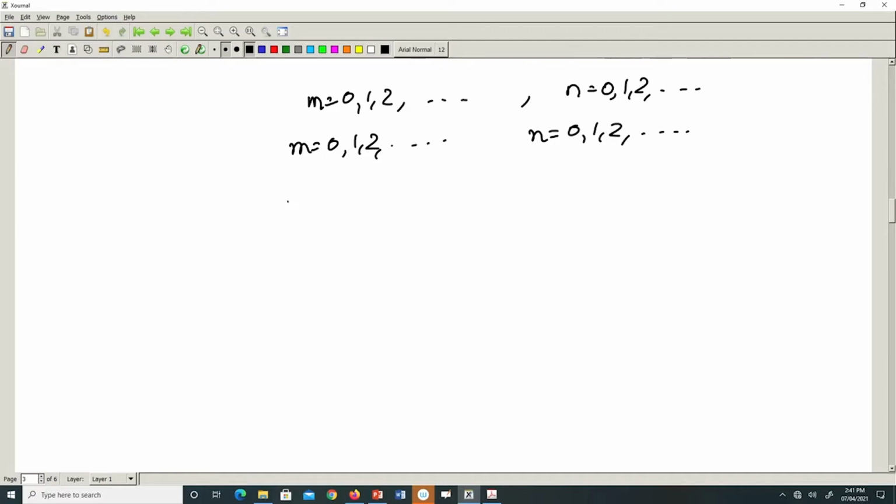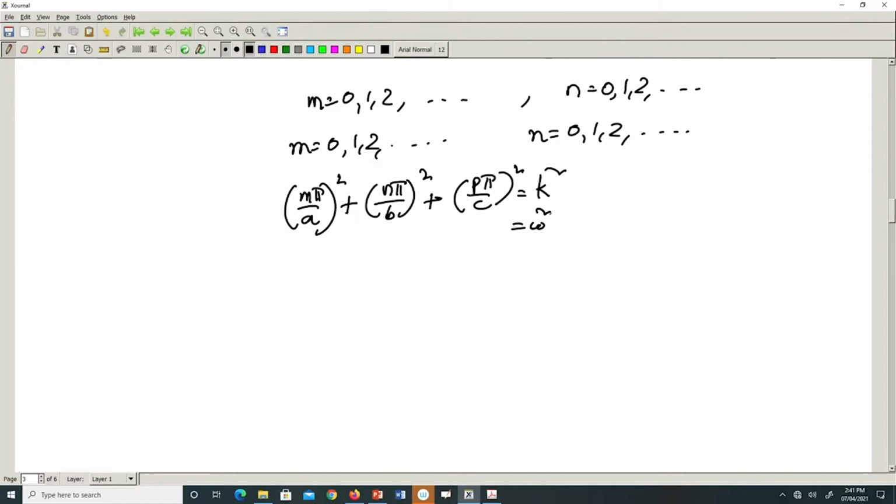And the same separation equation holds, which is (m pi by a) whole square plus (n pi by b) whole square plus (p pi by c) whole square equal to k square, which can also be written as omega square epsilon mu, or as 4 pi square f r square epsilon mu, where f r is the resonant frequency of the cavity.